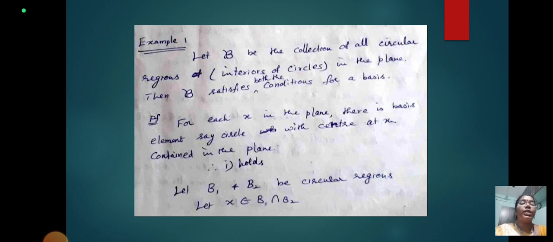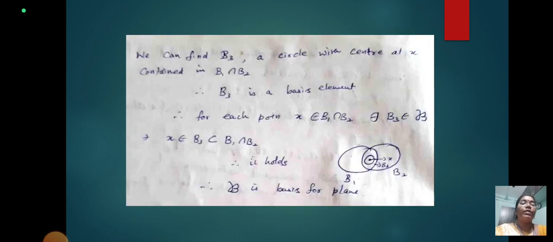Let B1 and B2 be two circular regions. Let x belongs to B1 intersection B2. We can find B3 from the diagram. We can see that we can find B3, a circle with the center at x contained in B1 intersection B2. Therefore, B3 is a basis element.